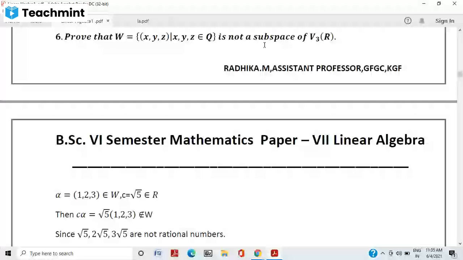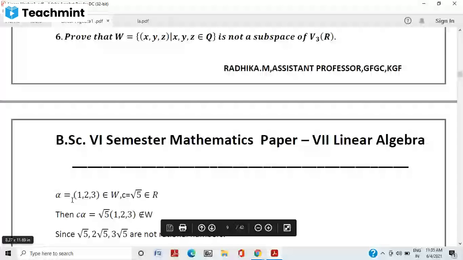For that, we will show that any one of the conditions is not satisfied. That means we will show that it doesn't satisfy either vector addition or scalar multiplication. Take an element alpha equal to (1, 2, 3) belonging to W; 1, 2, 3 are all rational numbers.